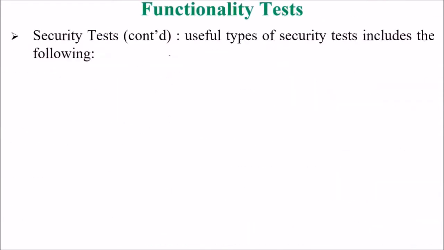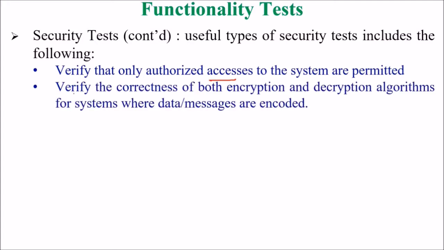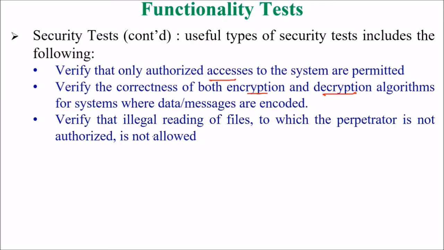Then comes the system test, which is a useful type of security test, which may include the verification that only authorized access to the system is permitted. Verify the robustness or the correctness of both encryption and decryption algorithms for the system where data messages are encoded, and verify the illegal reading of files to which the perpetrator or the infiltrator is not authorized.